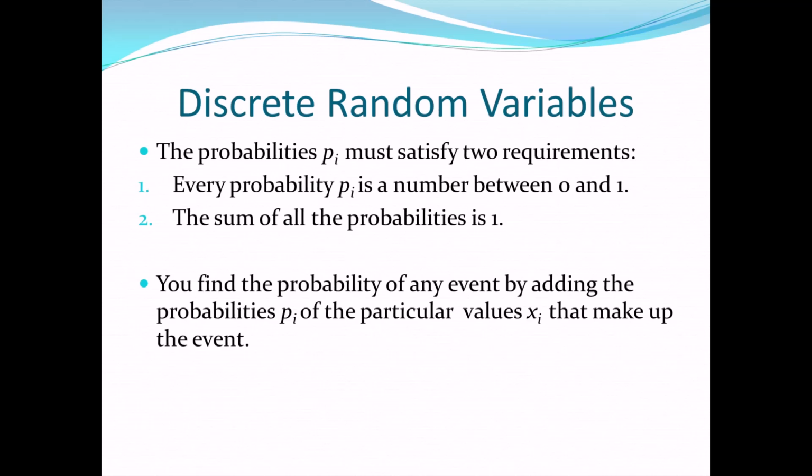Well, that would be either 1 head or 0 heads. And so we would get the 2 and add them up, because or means add. Or greater than 2, that would be 3 or 4. Those probabilities would add up too. So that's how we get the probability of any event, depending on how that event is described.